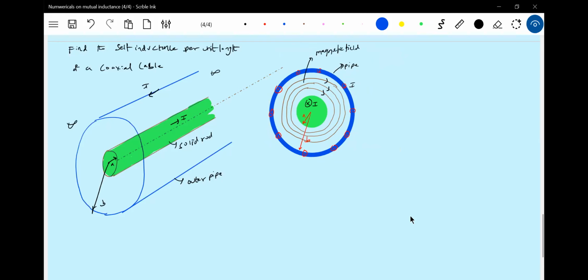Who will produce this magnetic field, the pipe or the solid cylinder? The solid cylinder, by Ampere's circuital law. Will it be uniform or non-uniform? Non-uniform magnetic field it is.